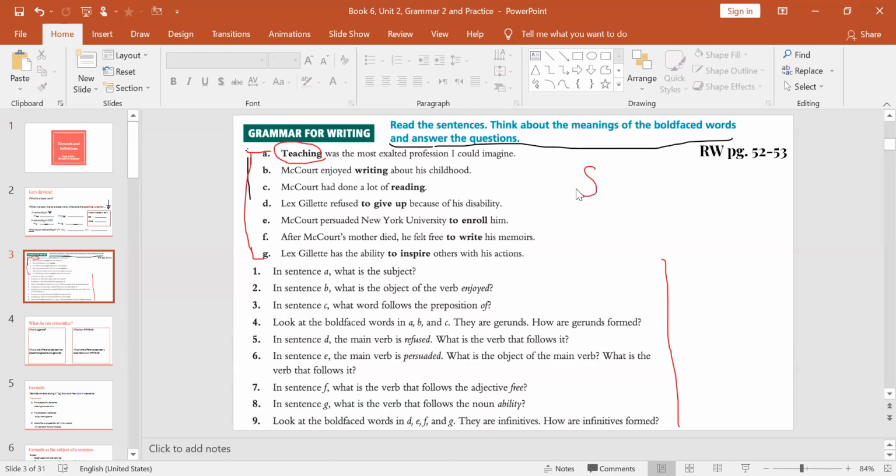For English to have a sentence, you'll have S, V, O. Okay, so the S is subject. And the V is verb. O is object.